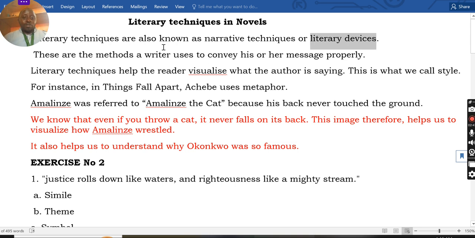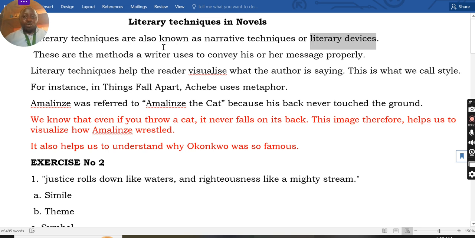So why do most writers use literary techniques? Simply, dear student, as we have seen, literary techniques are methods that authors use to convey their message properly. It is like spices.